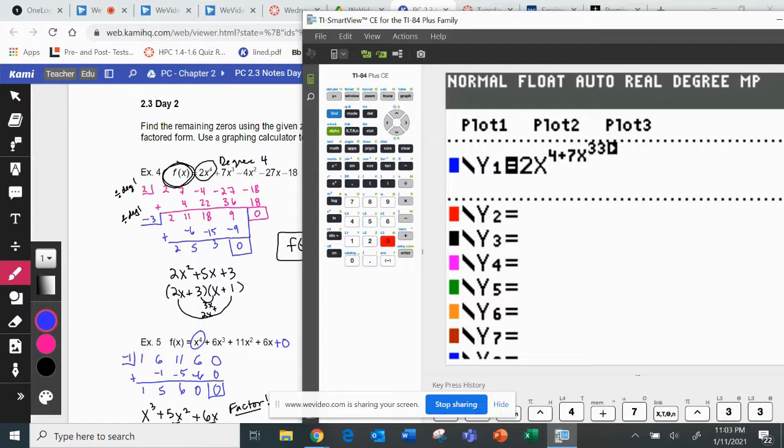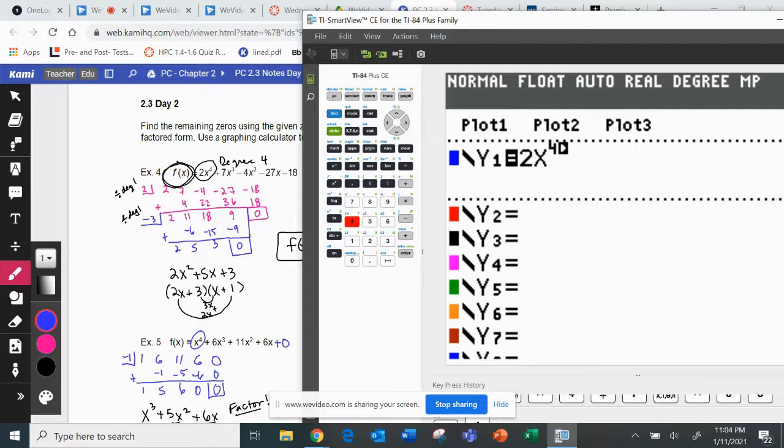Oh, shoot. Here's another reason why it takes me forever, because I make silly mistakes. All right, so that's the first one.